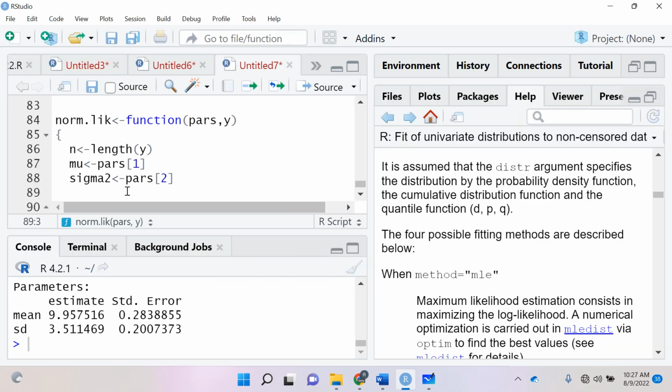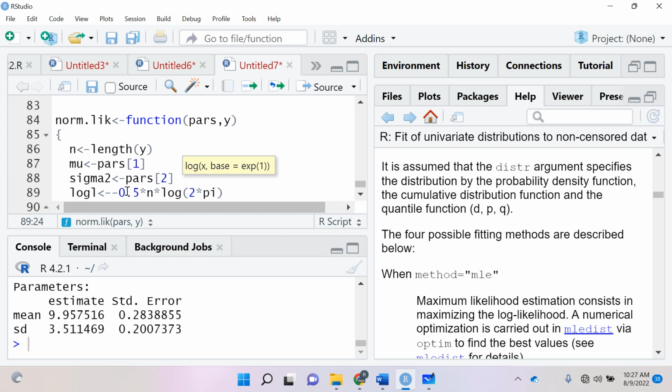So our log like should be the same as negative half. It's easier to write 0.5 because otherwise I have to write brackets and so forth. So n times log 2 times pi.